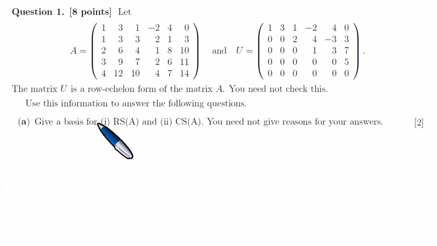Let's use this information: give a basis for the row space of the matrix A, and we shall also look at the column space of the matrix A. You need not give reasons for your answers.